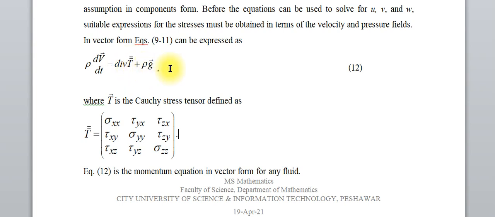So now you have derived this equation for any fluid, and for a specific fluid we will define this tau, and then derive the governing equation for that fluid, like second grade fluid, Newtonian fluid, Jeffrey fluid, Maxwell fluid.